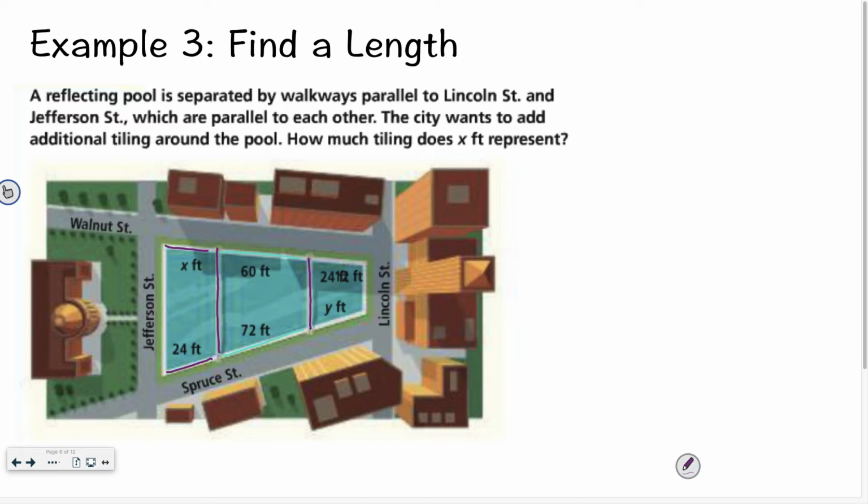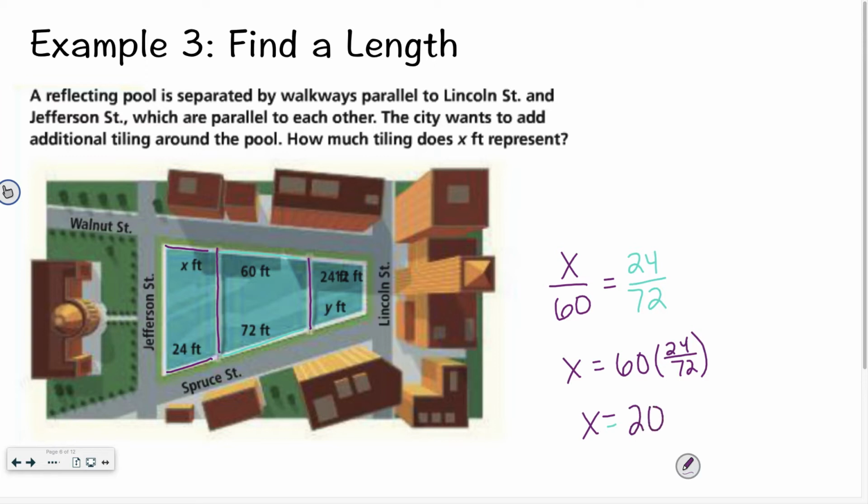So I can say X over 60, since they're on the same side, equals 24 over 72. And if I solve that and multiply 60 to the other side, I would end up with something that looks like that, and that would ultimately, when I plug it in, I should get X equals 20. So my answer would be 20 feet.